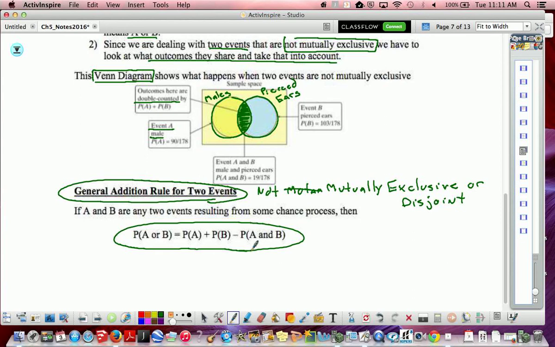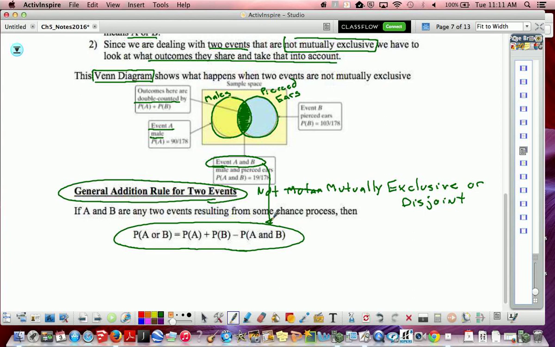Before, our addition rule was just the probability of A or B equals the probability of A plus the probability of B. But since this area is double counted, and that area represents the probability of A and B both occurring, we have to subtract that out. So this is a nice formula that can be helpful to find certain missing probabilities.